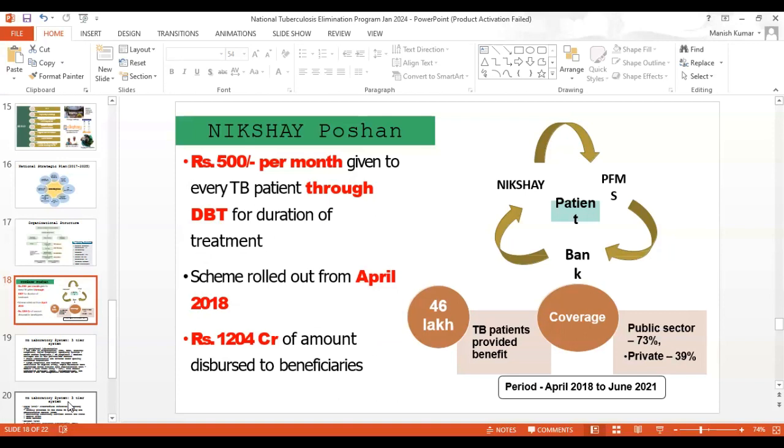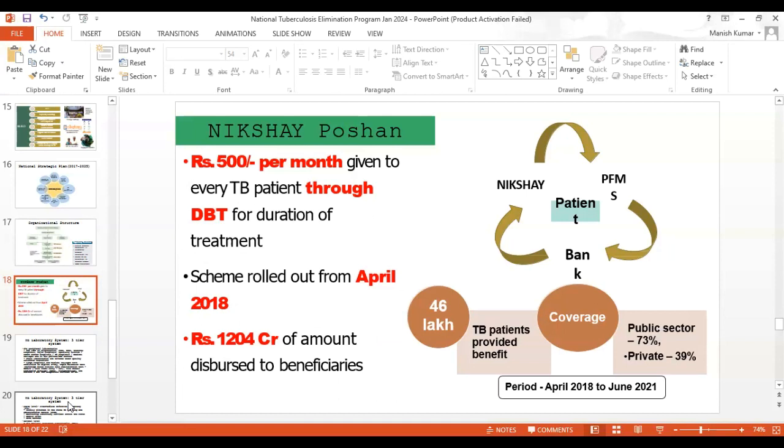This scheme was rolled out in April 2018, and this whole budget is somewhere over 1204 crore, 1204 crore rupees are being spent. So all those who are working with the system, they are aware what is PFMS, right?